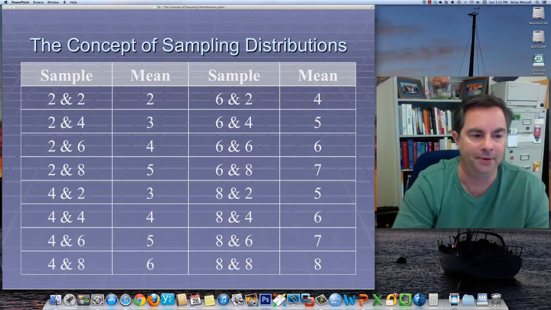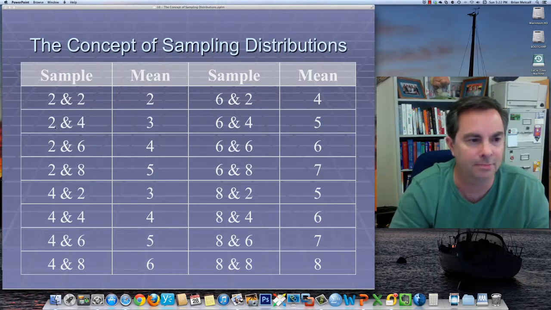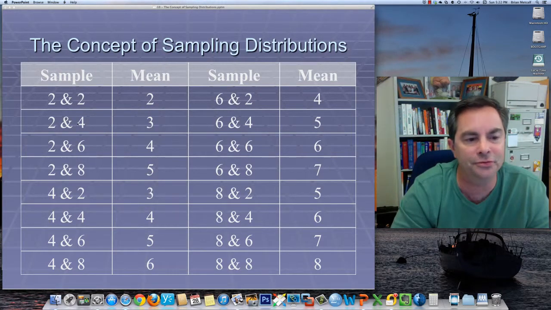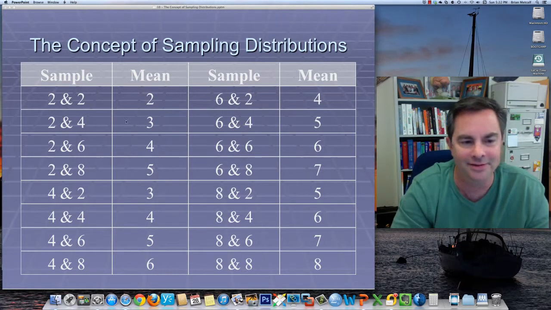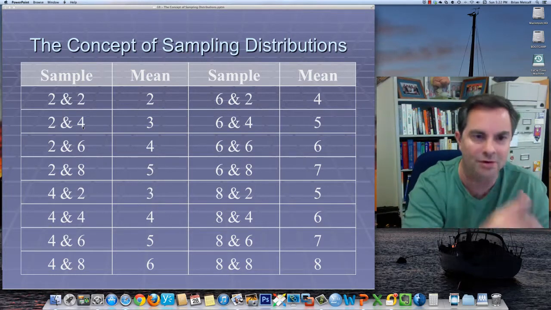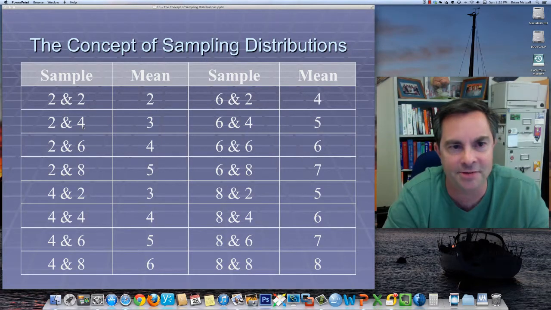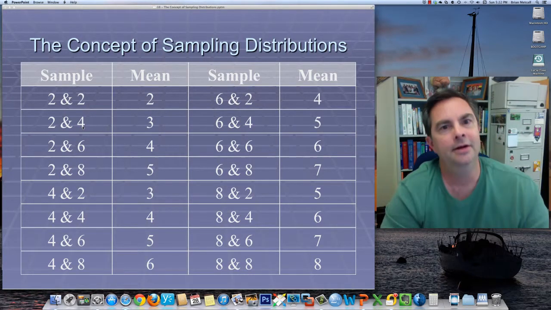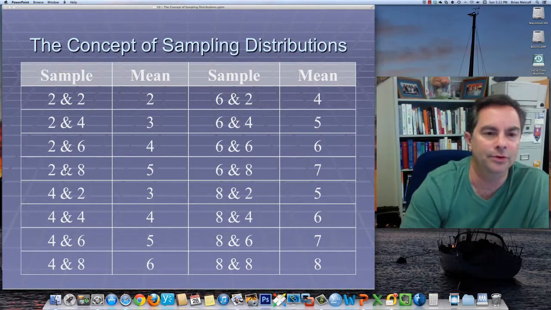I hesitate to call them unique because, for example, I can draw the 2 and the 4, but I could also draw the 4 and the 2. Both give me a mean of 3. So in a way they're not really unique, but there are unique orders in which I do it. Anyway, I have 16 possible samples and therefore means that I can get using this technique.